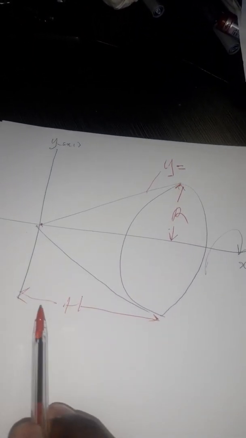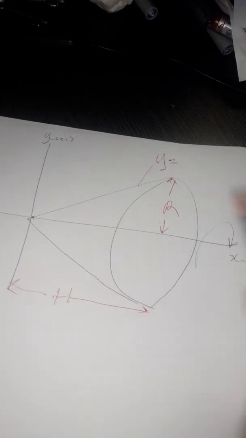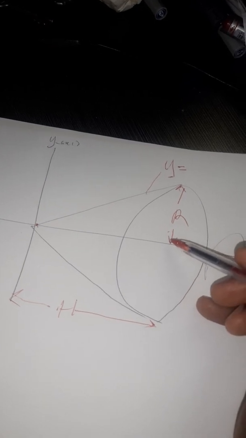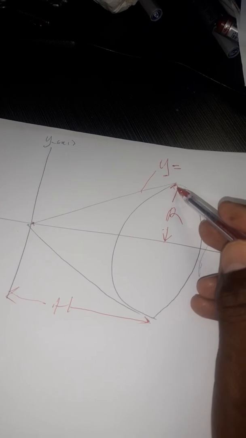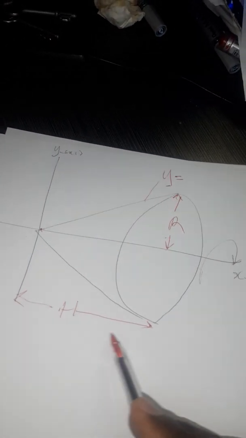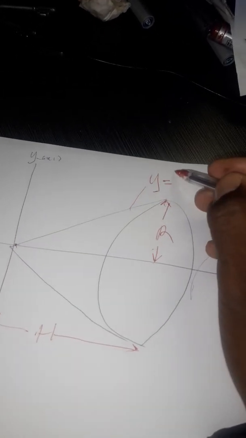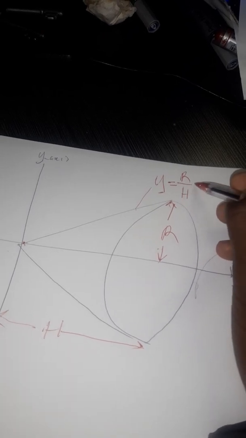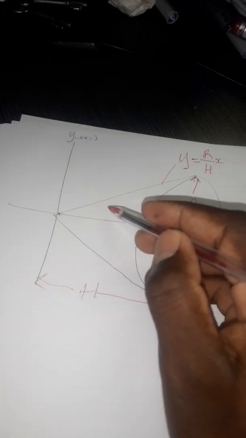The gradient will be change of y over change of x, which is r minus 0 over h minus 0. That means the gradient is r over h, so y equals r over h times x plus c, and c is 0.